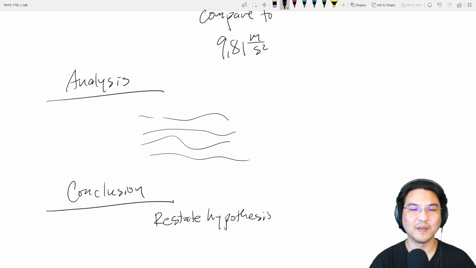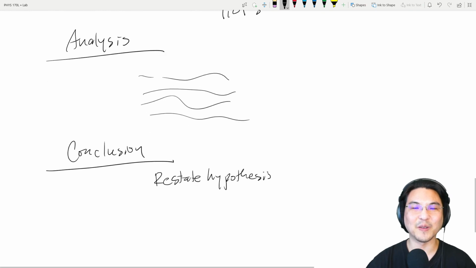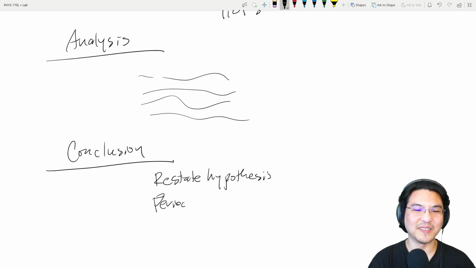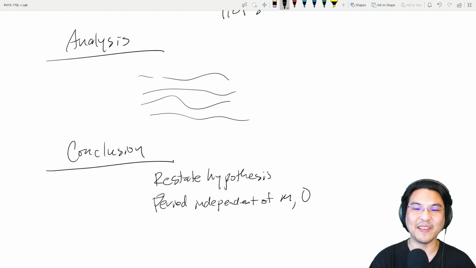And then just say the other things we said earlier, where the period is independent of the mass and the angle, but then it depends on the length, right?